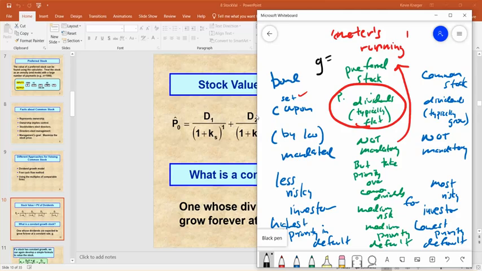That's another way of saying that G is 0. Whereas with common stock, we usually have a G greater than 0. Dividends for common stock tend to grow over time.